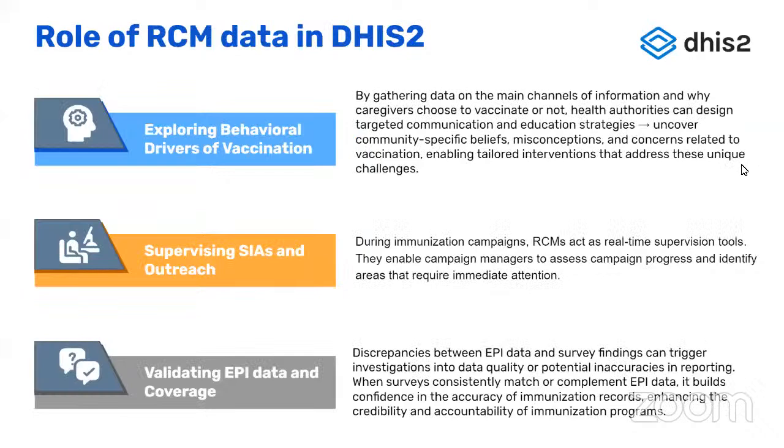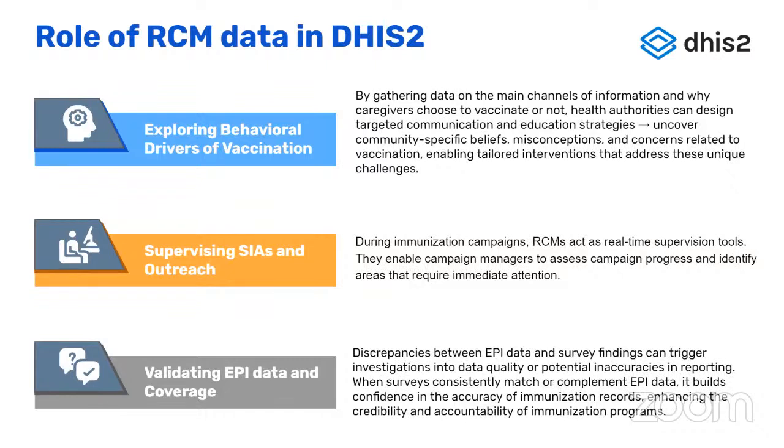And of course, we'll also be talking about rapid convenience monitoring. Rapid convenience monitoring, I mean, are also a type of activity that comes hand in hand when you do SIAs or, in general, any kind of activity regarding immunization.